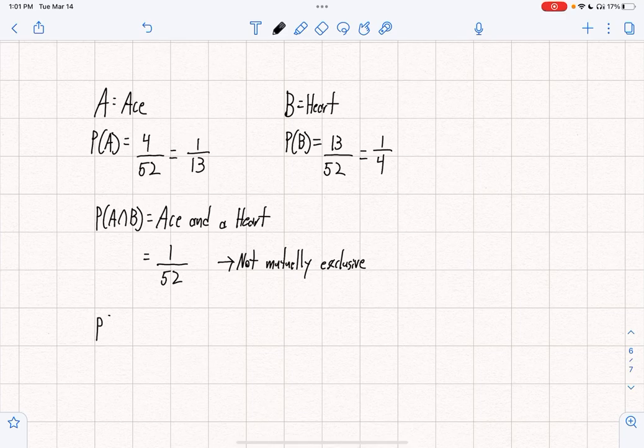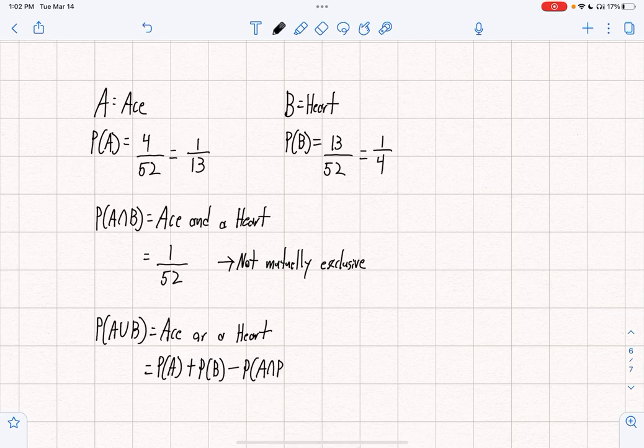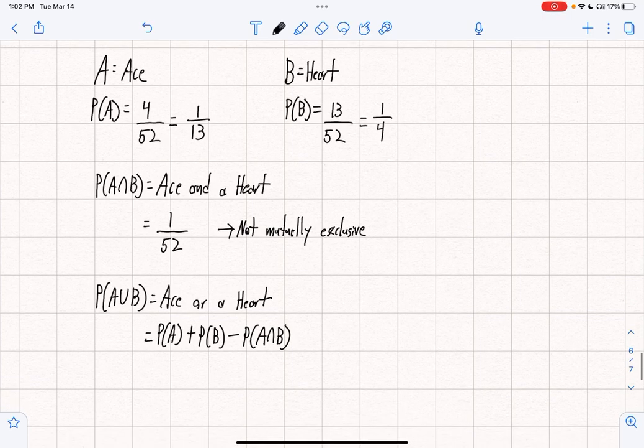Okay, now let's find the probability of A or B. So here we want ace or a heart. We know this to be the probability of A plus the probability of B minus the probability of A and B. So plugging in, we found the probability of A, or an ace, to be 1 out of 13. And actually, I'm going to keep these in common denominator. So let me leave it as 4 out of 52.